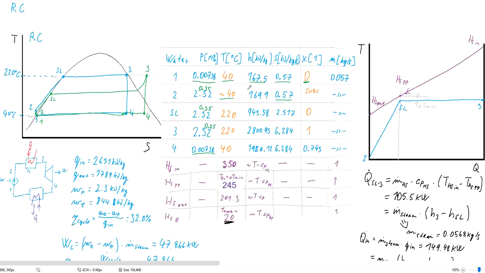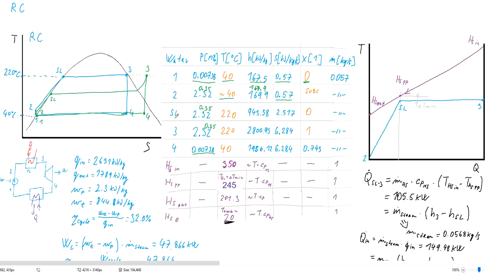And anyway, the enthalpy difference here will be smaller, as the pressure difference is smaller, and it will be 167.9. So you can see a really small difference.